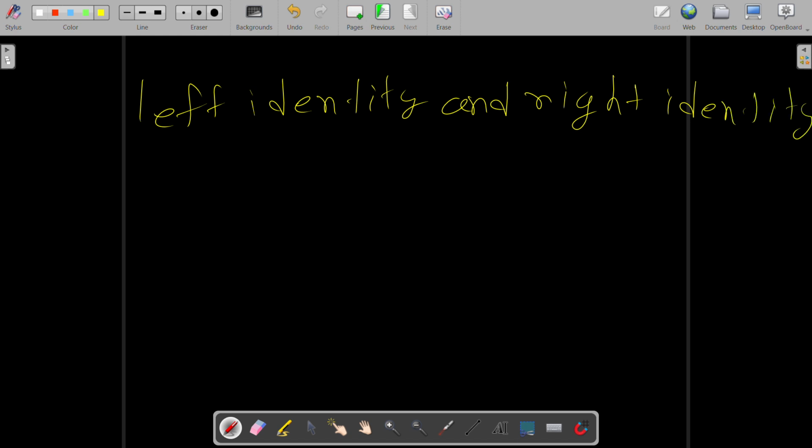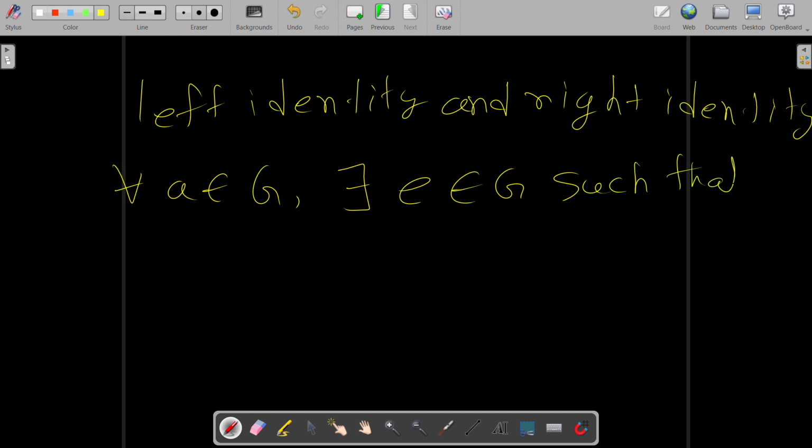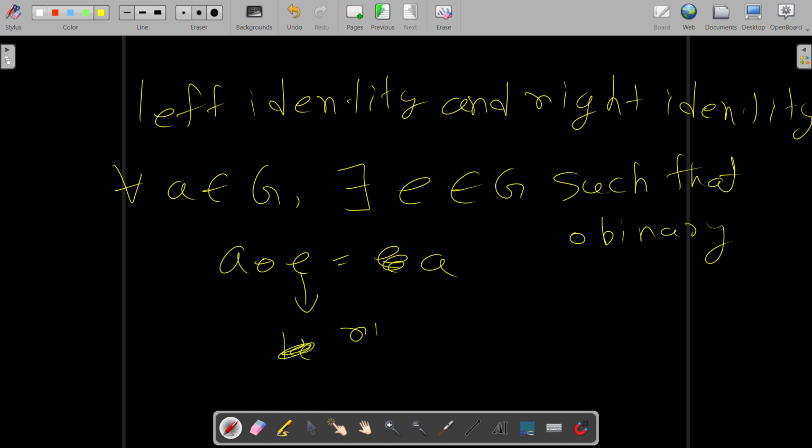The definition says that if for all A belongs to G, there exists an element E belongs to G such that A not E is equal to A, where not is the binary composition, then this E will be called the right identity.